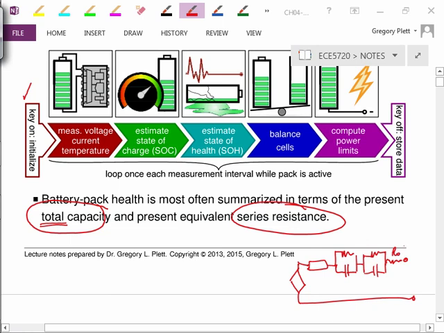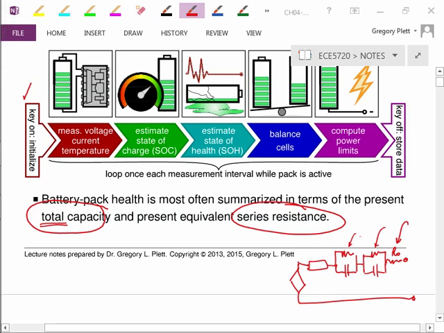When we talk about the series resistance, most people are usually talking about that resistance right there, which is the instantaneous resistance. At the moment I apply a step in current, the voltage change that we observe is due to that I times R0. But sometimes people might also be thinking about more of a steady state resistance, which would include those values as well in the computation.